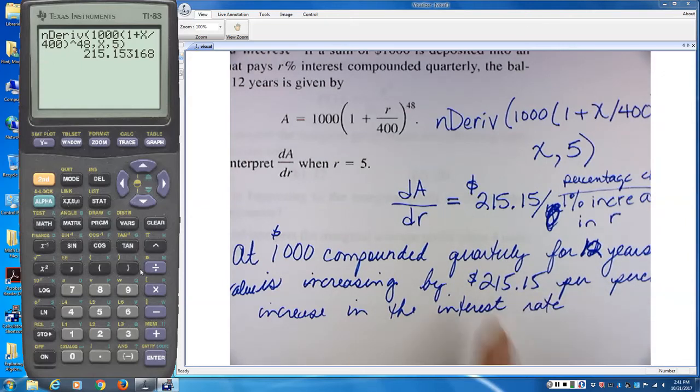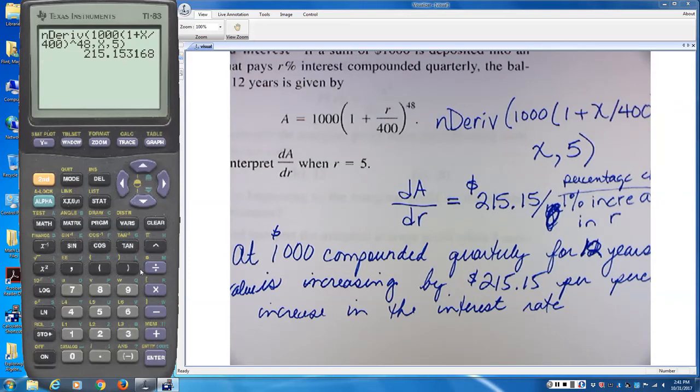In other words, if you went up to 6%, then that would mean your future value is going to be an additional $215 at that point. It's going to be adding $215 every time you increase another percentage point.